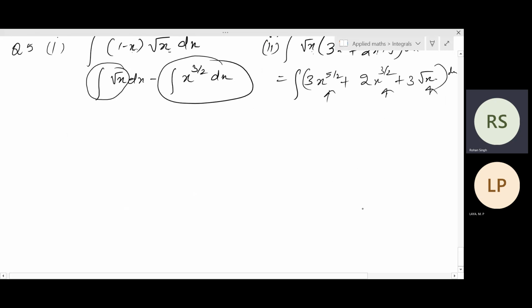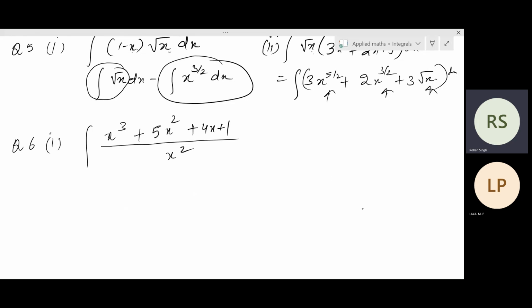Okay, so here we have multiplied. In the next question, what is there? We need to split the denominator over the entire term, right? We have (x cube plus 5x square plus 4x plus 1) over x square dx. Here we can see that two functions are dividing.